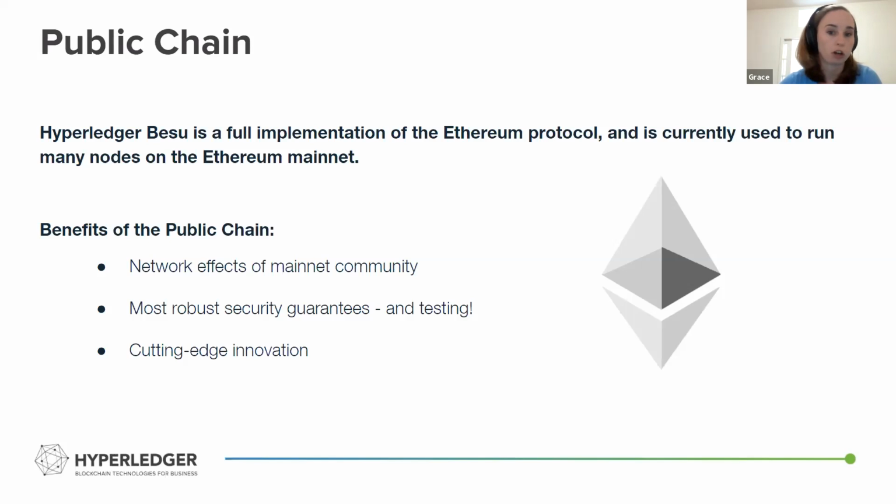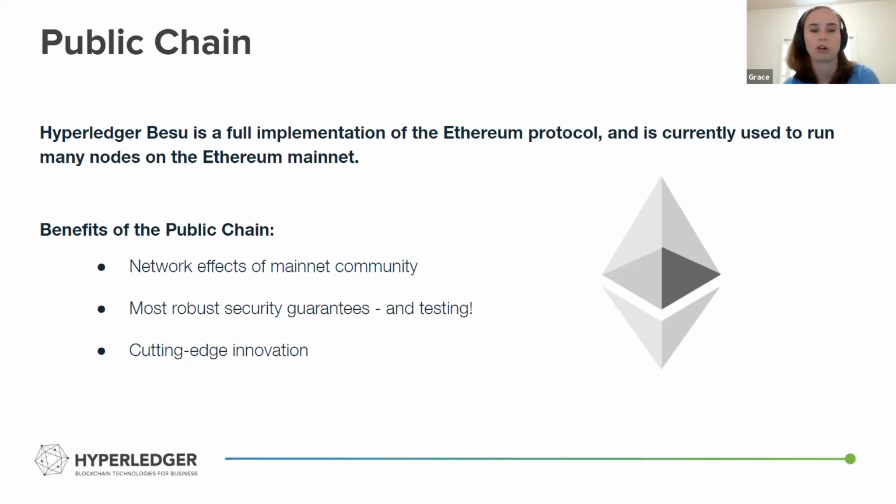This is fairly unique compared to other projects, because they're only in permissioned settings. What's interesting is that while Besu is also public chain, you can also run it as a permissioned chain. So we think it's cool. You have optionality, and if you want to build a public chain use case or a private chain use case, you can do both with Besu.